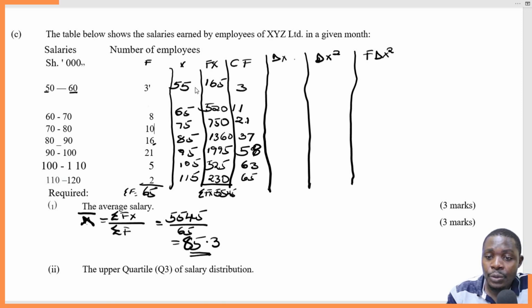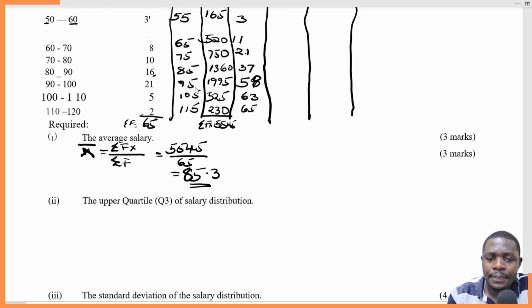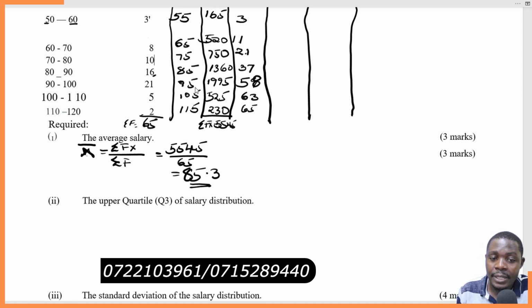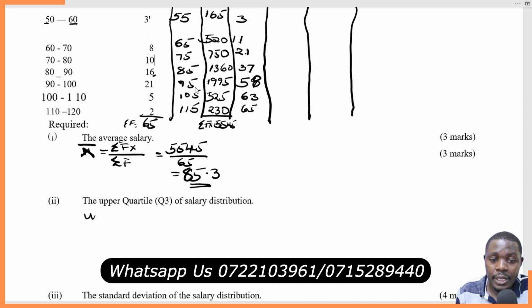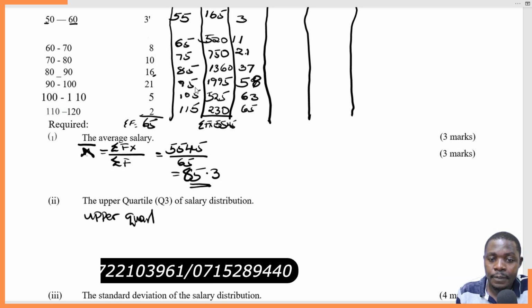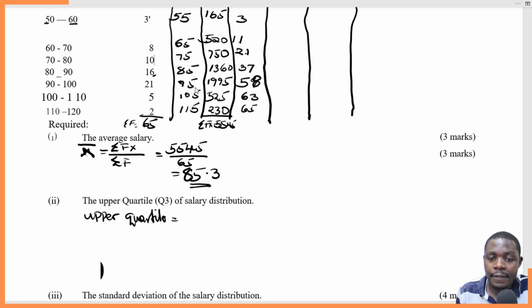Now at this point, we can calculate our upper quartile with the data we are having here. How do we get the upper quartile? It is given as 3 multiplied by n over 4 into n item.